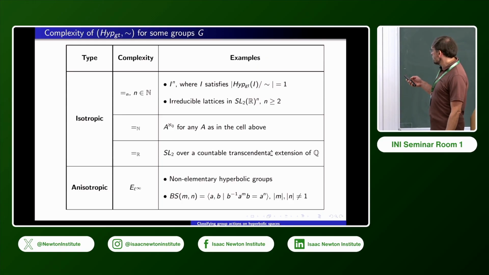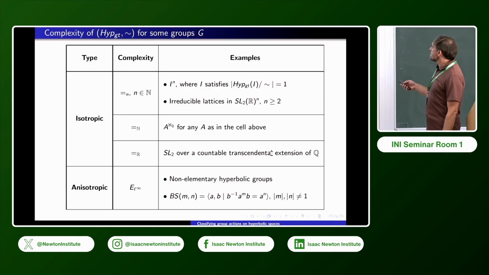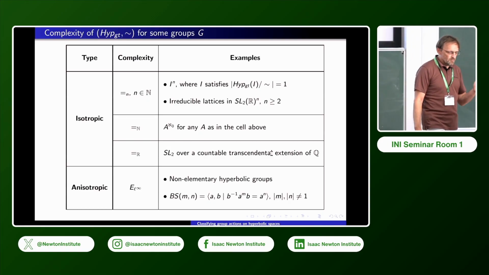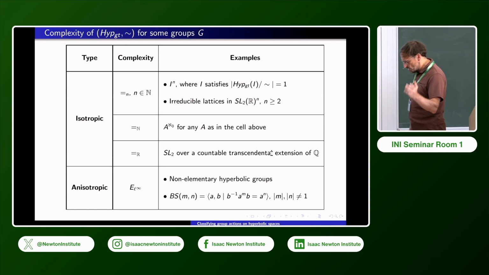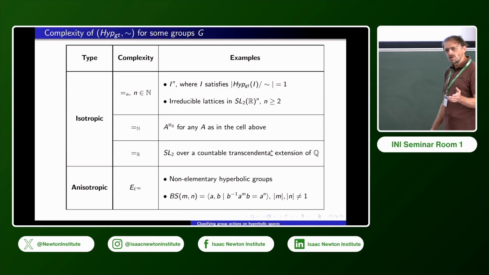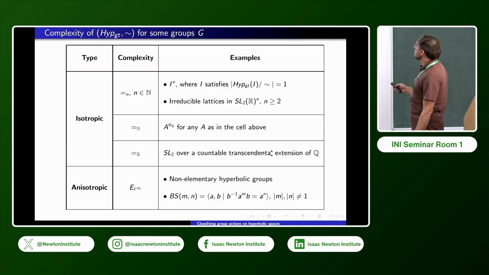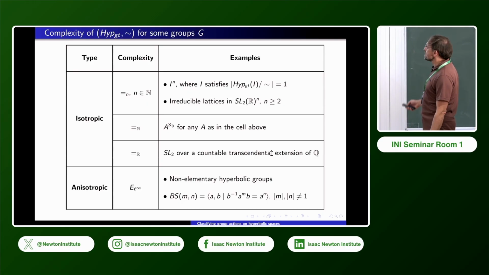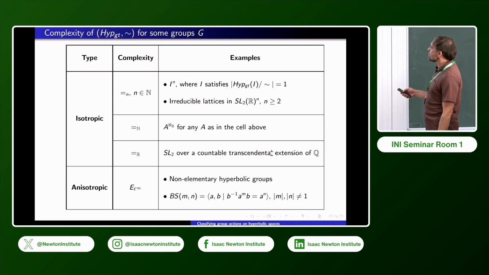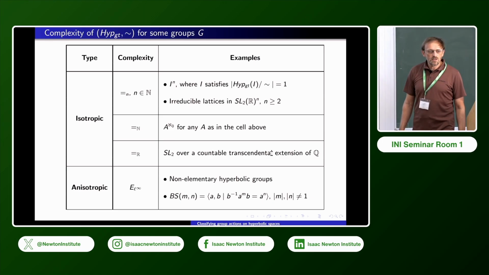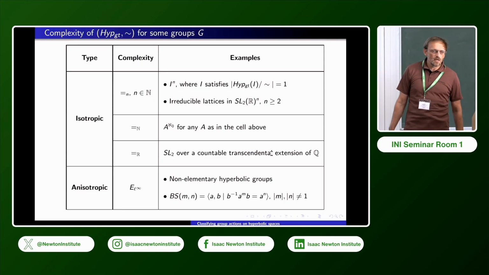For instance, if you take an irreducible lattice, and this is a consequence of a theorem proved by Bader, Furman, Sisto, and Caprace, right? If you take an irreducible lattice in SL2R to the power n, where n is at least 2, then you will have a group which realizes exactly this complexity level, like the group SL2 over Z adjoin square root of 2, which corresponds to the case n equals 2, right?